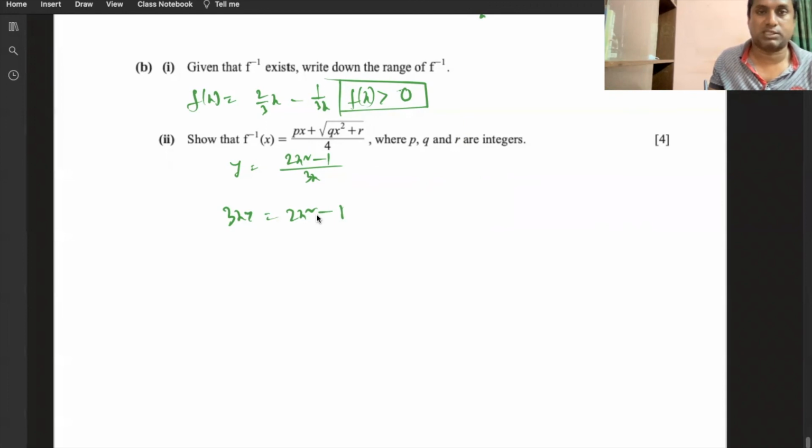Take all these terms to one side: 2x² minus 3xy minus 1 equals 0.